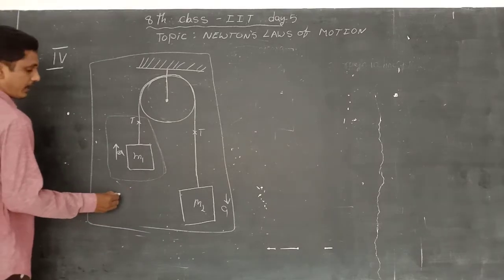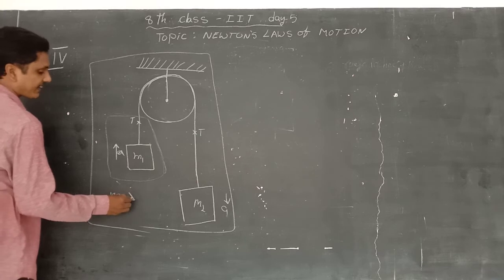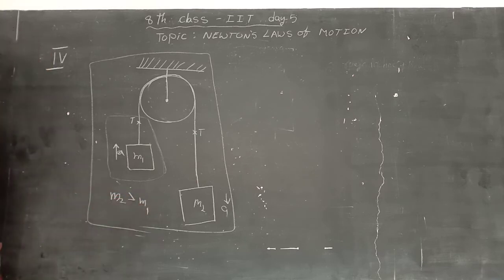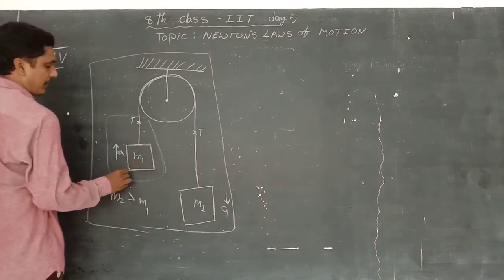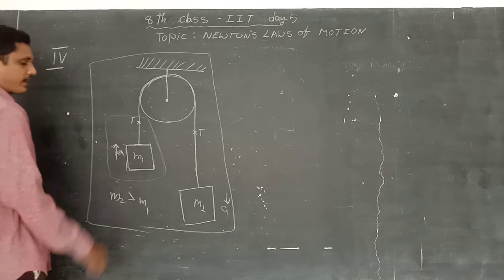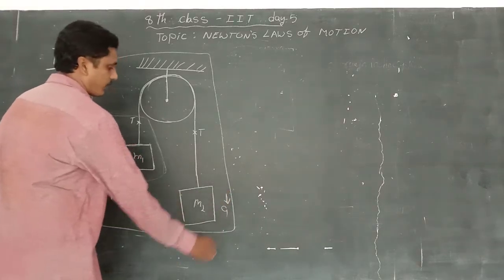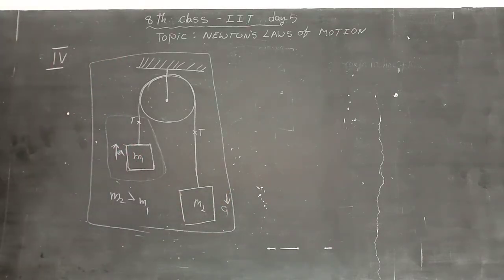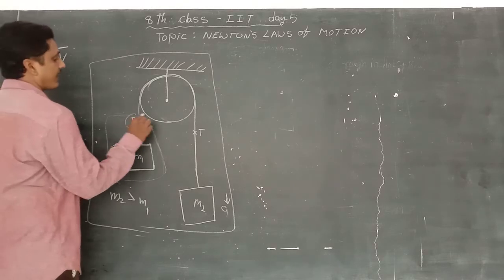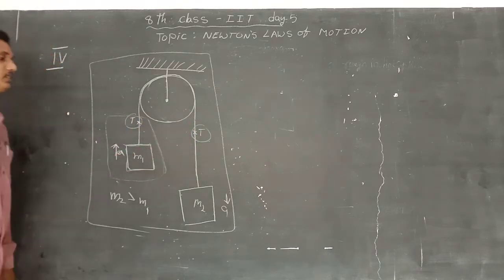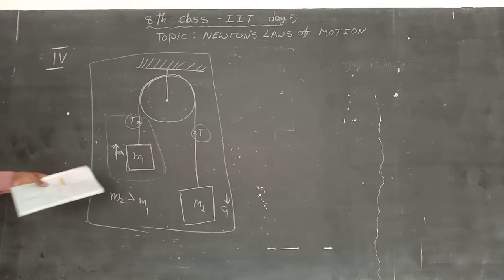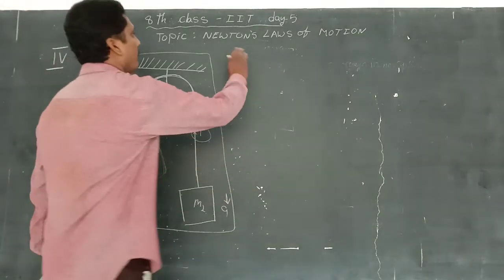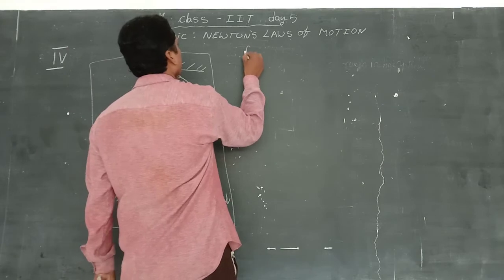Here, M2 is greater than M1. The acceleration of M1 acts vertically upward direction. M2 is vertically downward direction. The tension in the string is T. Here also T. Okay. From free body diagram of M1.